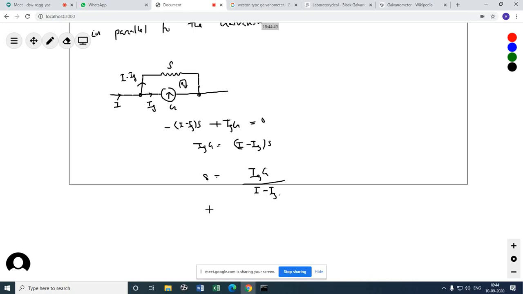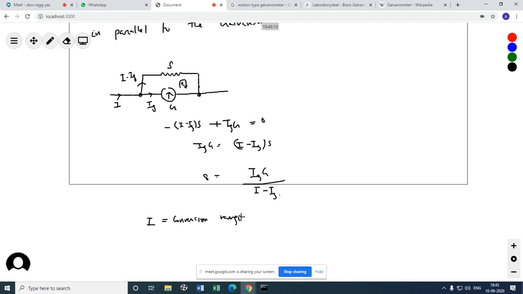Now Ig is the galvanometer current, G is the galvanometer resistance, and I is the conversion range. Do you want 3 ampere, 2 ampere, 1 ampere, 1.5 ampere? This will be given to you.